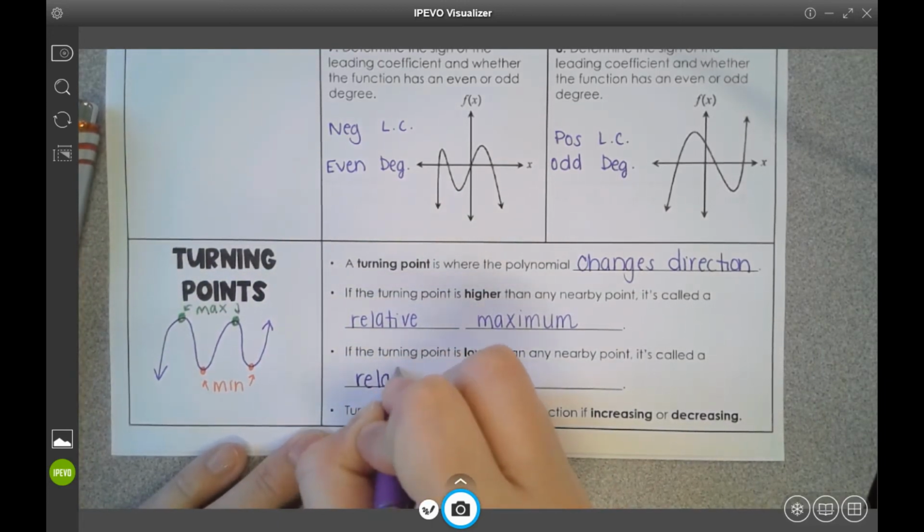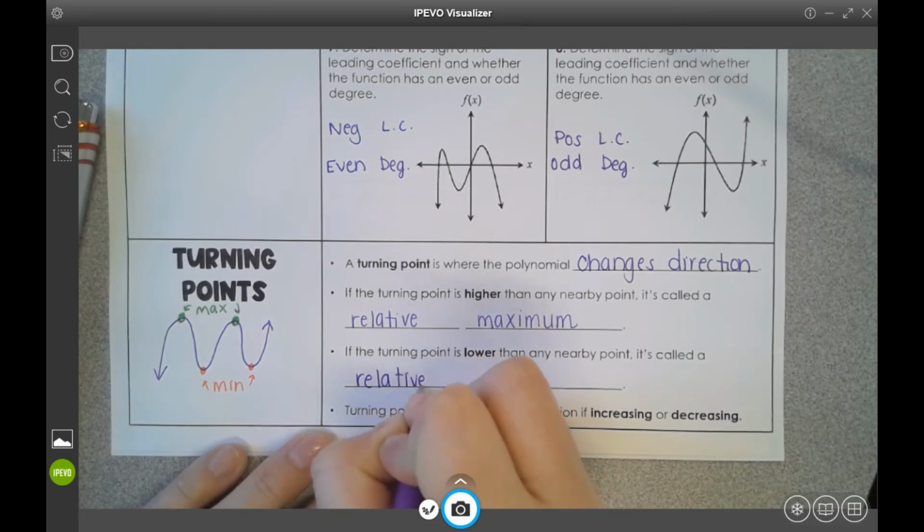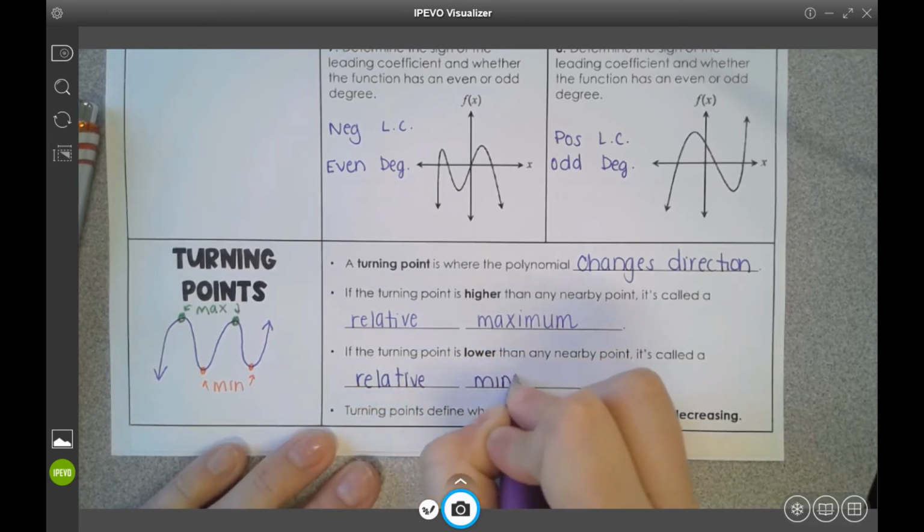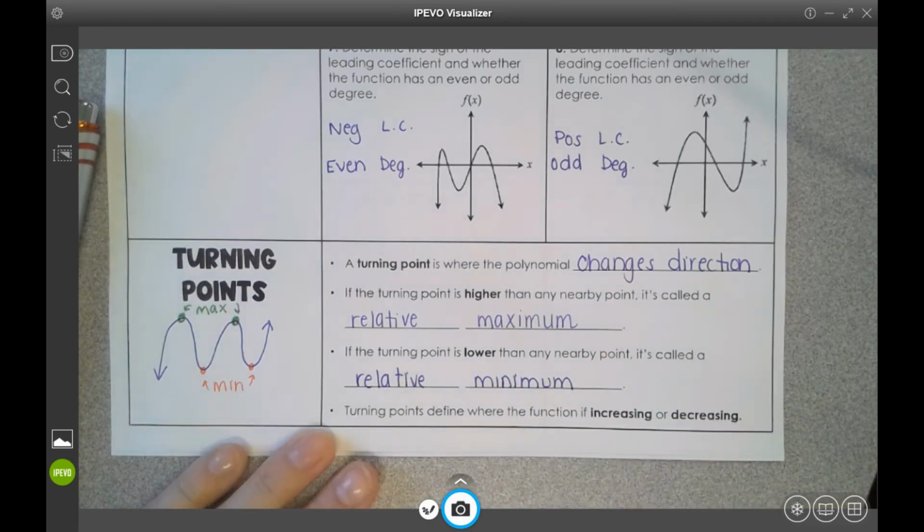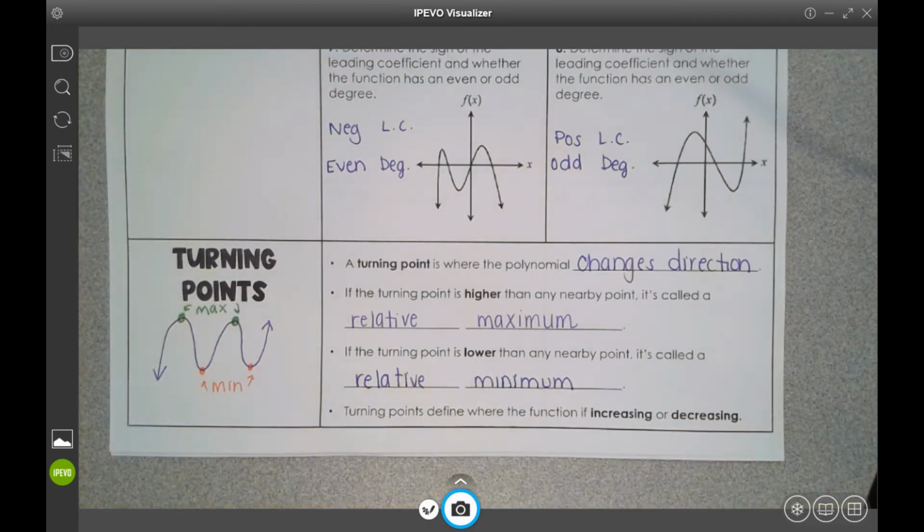So they're close minimums. It's the maximum point of that general area. It's the highest or lowest point of that turn.